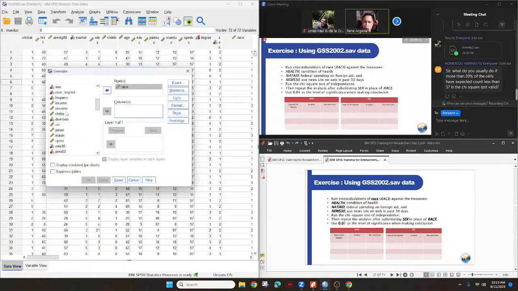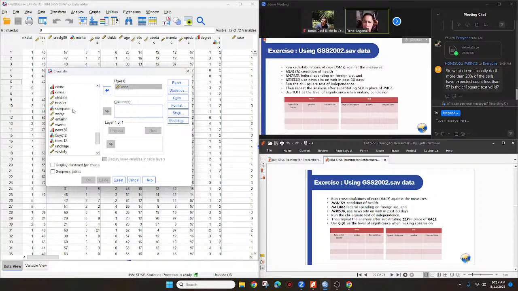Based on your result, you make a table for race and sex. So what are you going to do based on what you have run, what you have performed in your analysis? You must have one for race and one for sex.